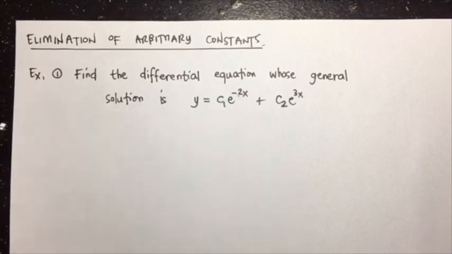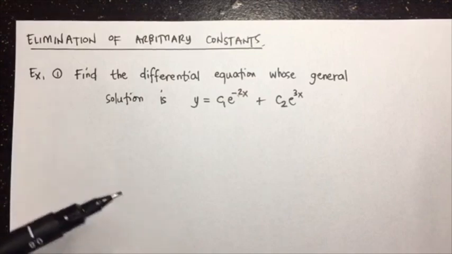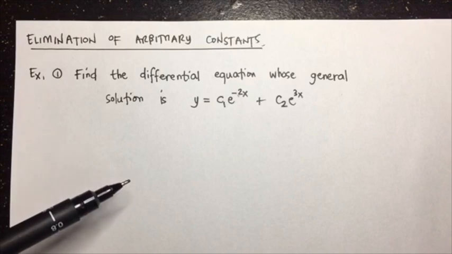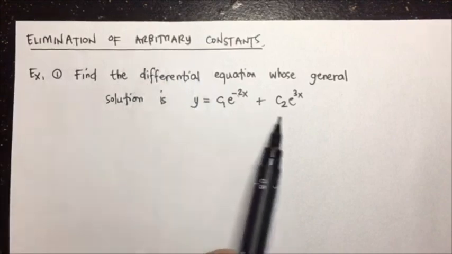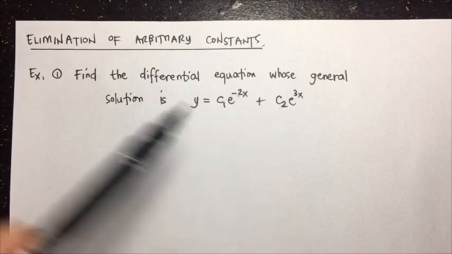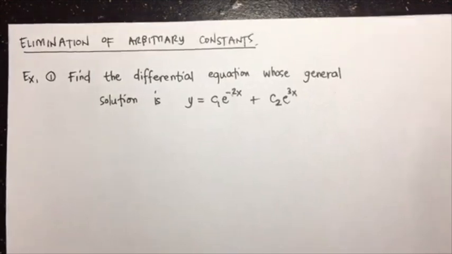So this is a way to verify if you have arrived at the correct solution. By elimination of arbitrary constants, the solution of the differential equation must go back to the differential equation.